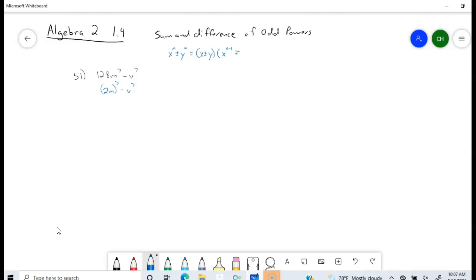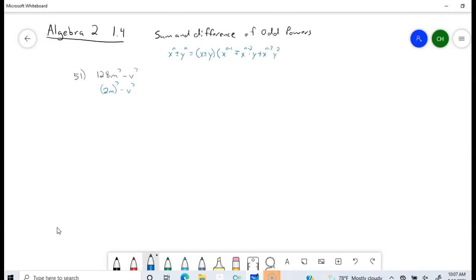Minus or plus x to the n minus 2. So now, if it was to the 7th, it's going to be to the 5th. And I'm going to bring the base of the second one, so it's times the base of the second one. Plus x to the n minus 3 y squared.